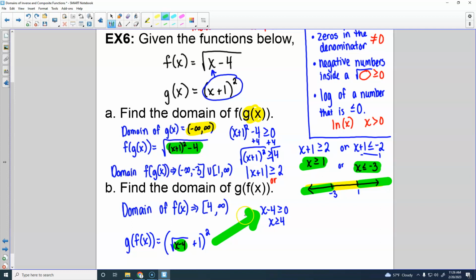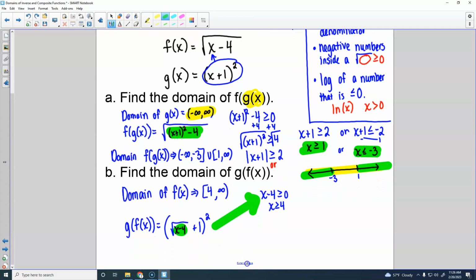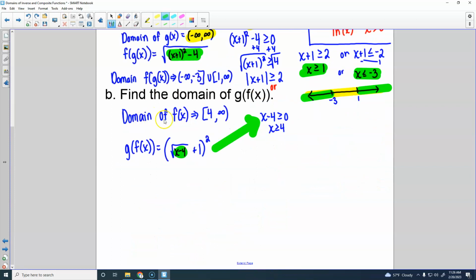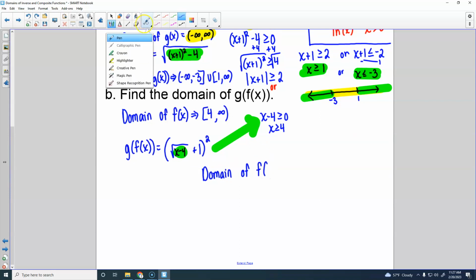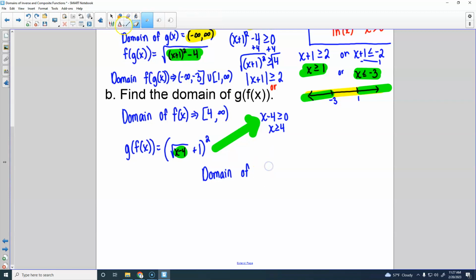So basically the domain is the same as our domain of f of x. We can't have a negative in that square root. So our domain for this one, for g of f of x, would have to be from 4 to infinity.